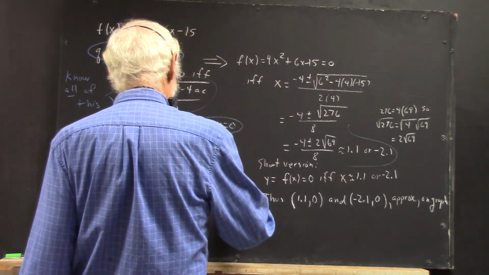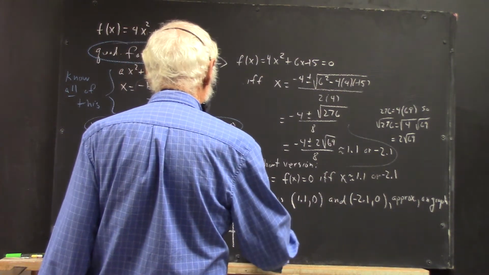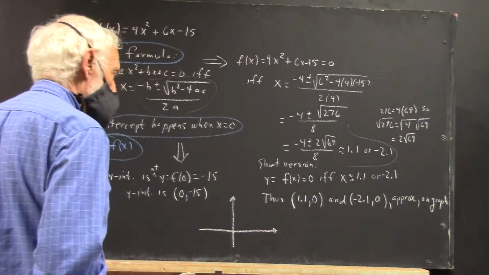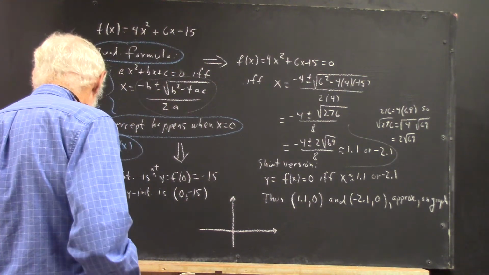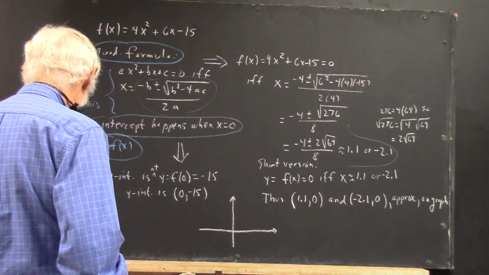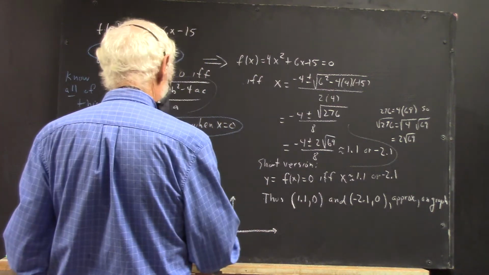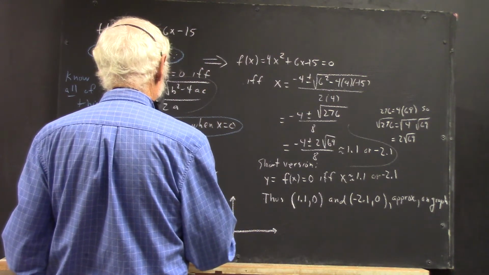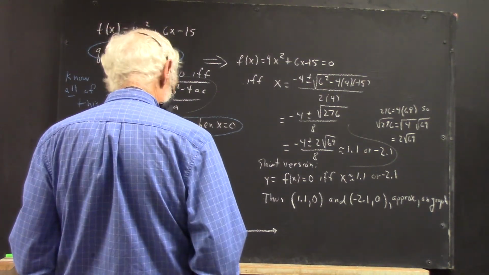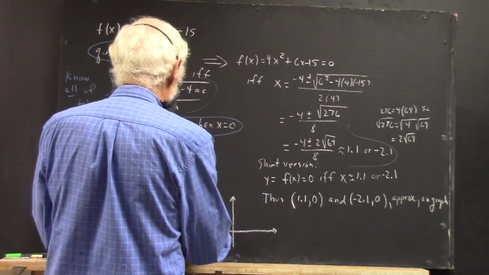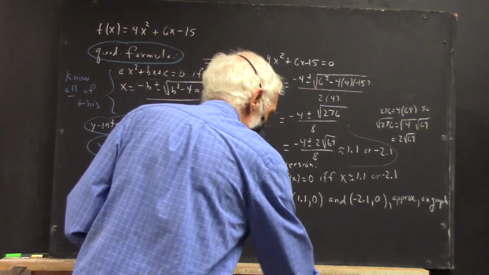So now, I can sketch a graph with those 3 points. So my 3 points are going to be negative 2.1, 0, so that's about here. That's a bad place to label it, let me improve that more.